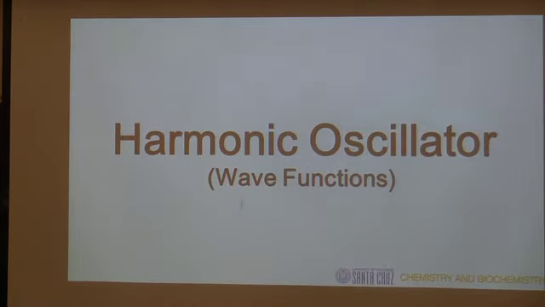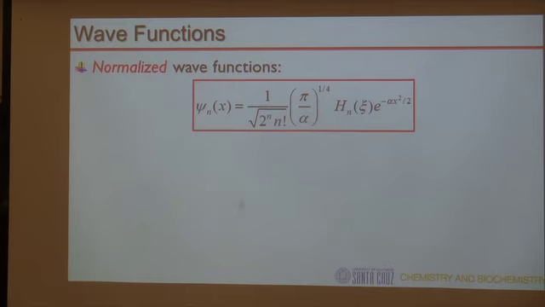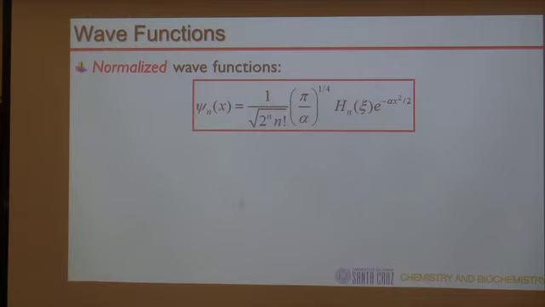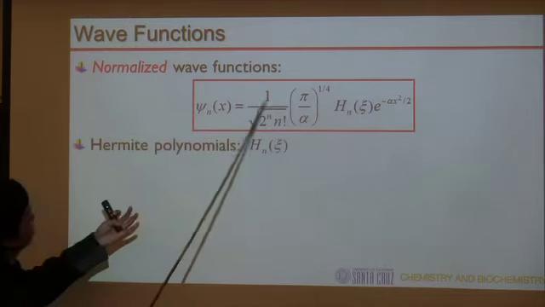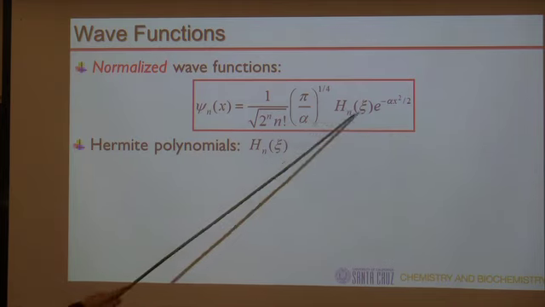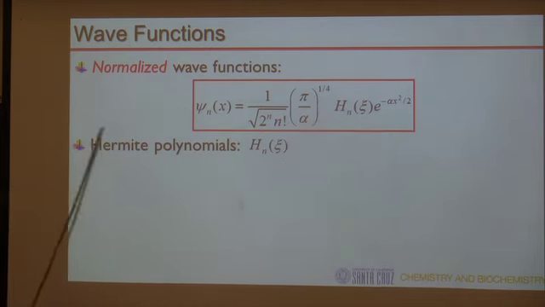Second part, about the wave function. This is a normalized wave function which we got from solving the Schrodinger equation. It looks a little bit scary, but if we take a look at this term, it is called the Hermite polynomials.